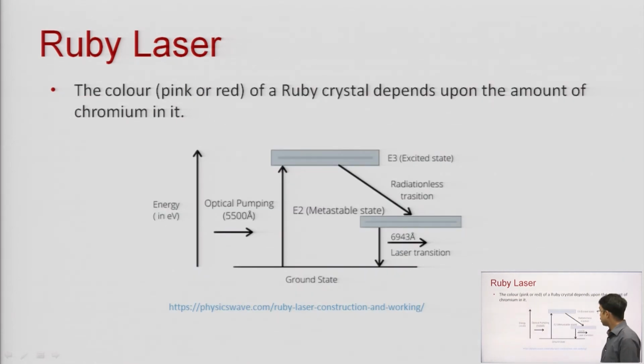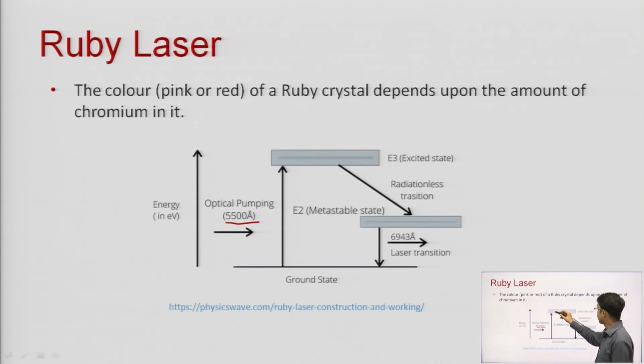Now, this is the energy level diagram of the ruby laser. It is a 3 energy level system. Optical pumping with photons of around 5500 angstrom wavelength is used, as we have already seen in the 3 energy level system.